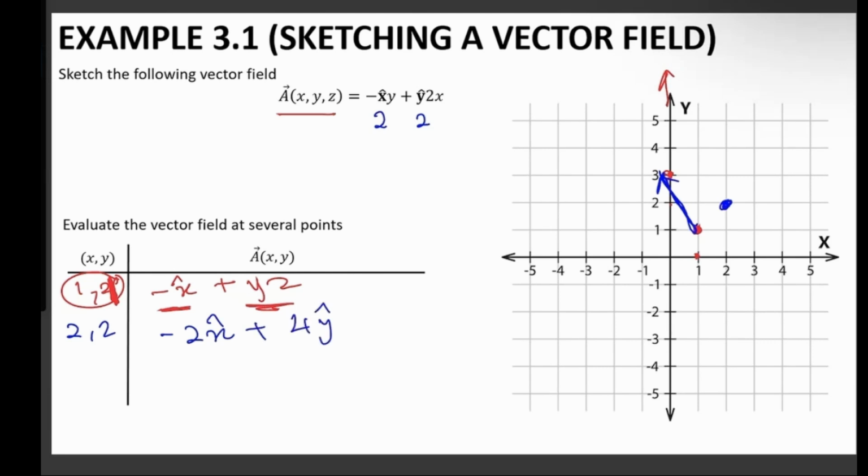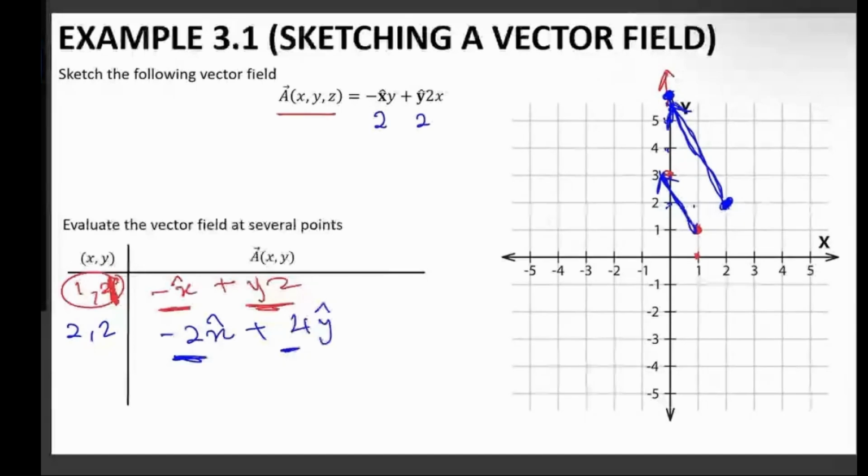So from this point, minus 2 in x, and then plus 4 in y: 1, 2, 3, 4. 4 is here. That means the direction of the vector field is like this.